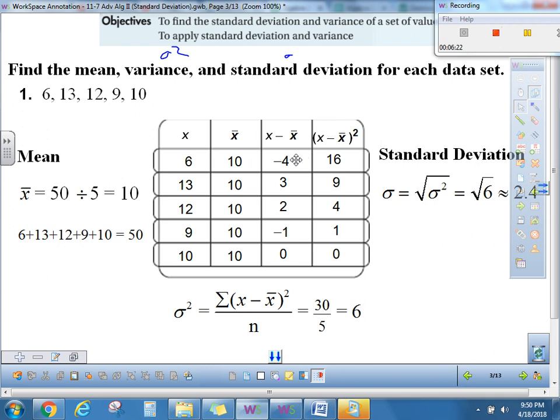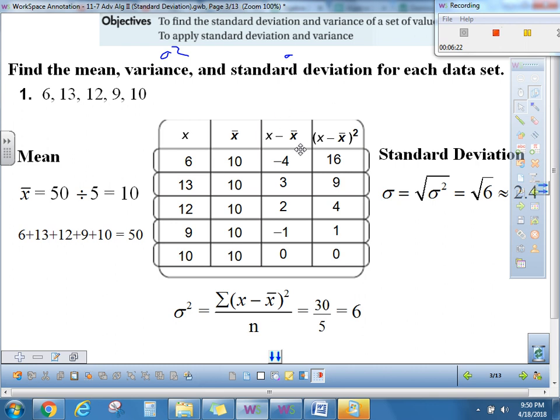And so all that means is that it's 4 below your mean, your average. 13 minus 10 is 3, 12 minus 10 is 2, 9 minus 10 is negative 1, and 10 minus 10 is 0. So this one's not above or below, it's exactly at 10. This one's 1 below, this one's 2 above, 3 above, and 4 below. And below your mean is what we're saying.